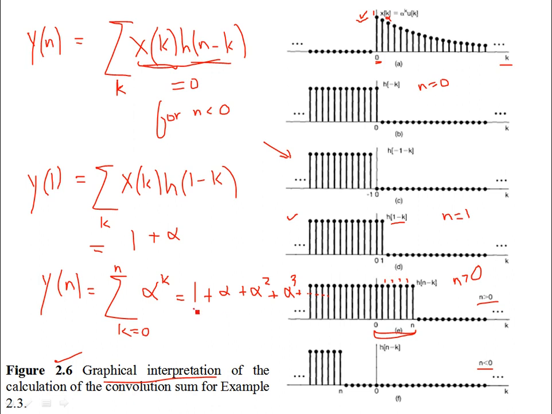You notice that this is nothing but a geometric progression, so its sum can be written using the geometric progression formula. The common ratio is alpha, so the denominator is 1 minus alpha. How many terms? From 0 to n, this is n plus 1 terms. So the numerator is 1 minus alpha to the power n plus 1, over 1 minus alpha. This is for n greater than 0.